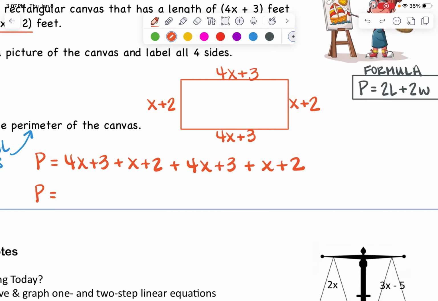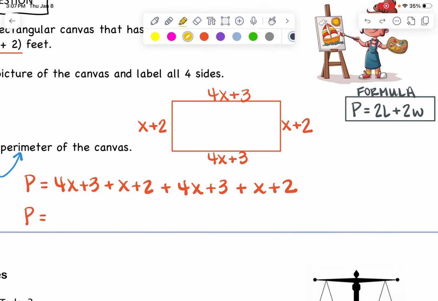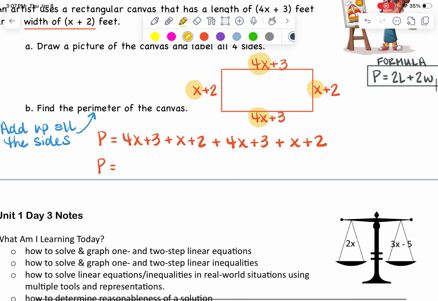I just use my diagram and I just kind of highlight or circle all my like terms. So like I know these 4 x's can be combined with all the other x's. So here's 1 x, here's 4 more x's, and here's 1 more x. So I'm just going to go around the picture and do that in my head and add up all the x's. Well, 4 plus 1 plus 4 plus 1, right?